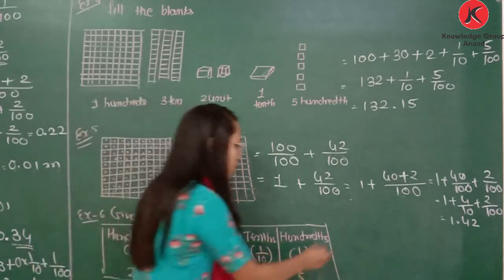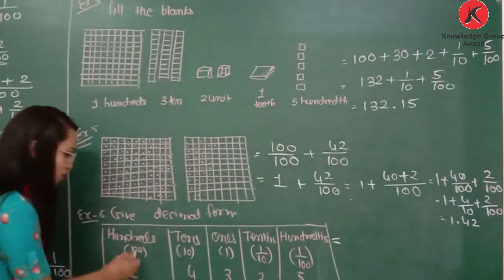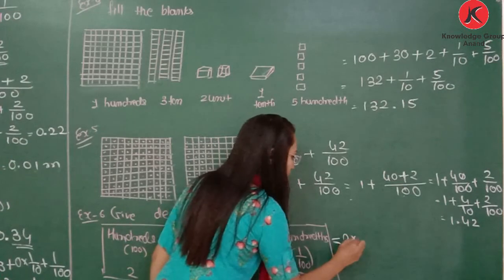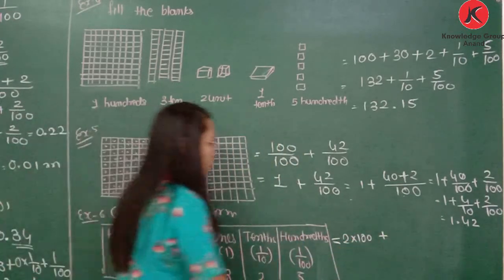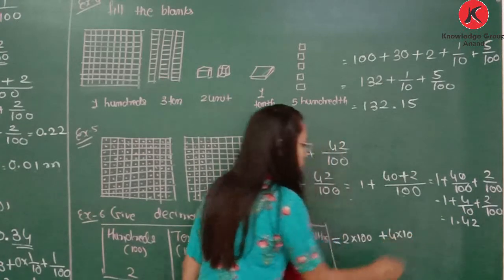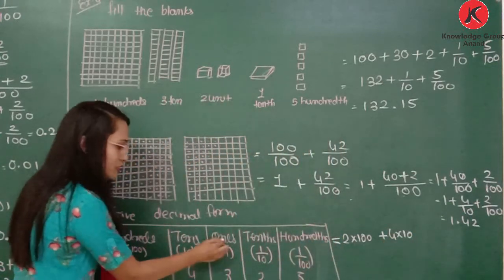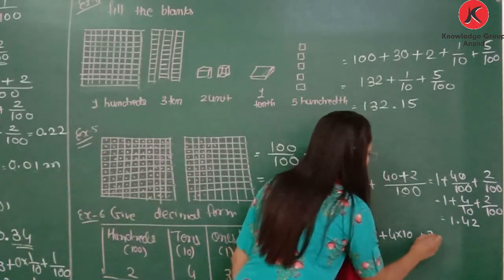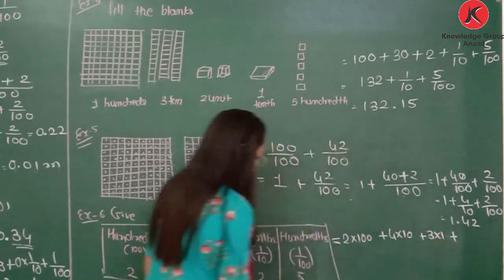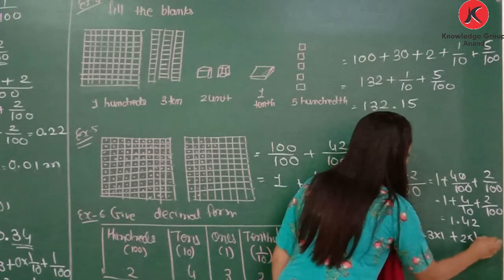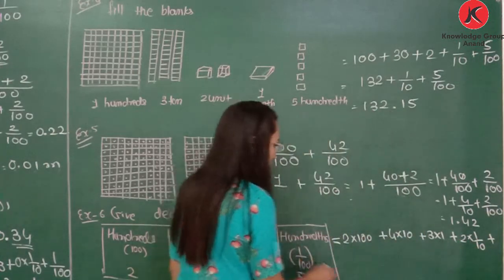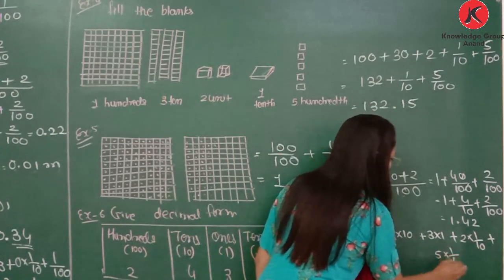So in expanded form we can write 2 multiplied with 100, that gives the place value of 2. 4 multiplied with 10, that gives the place value of 4. 3 multiplied with 1, that gives the place value of 3. 2 multiplied with 1 by 10, and 5 multiplied with 1 by 100.